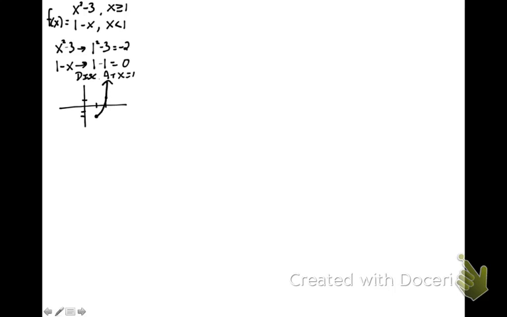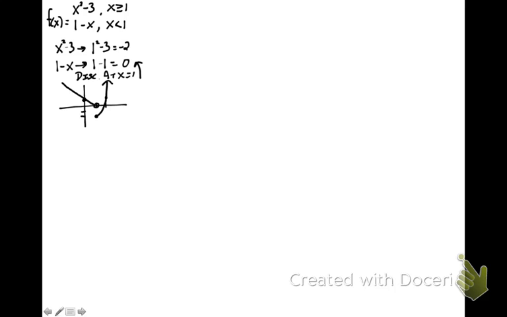And before 1, we'll be using 1 minus x, and 1 minus x is a linear equation that has a y-intercept of 1 and the slope of negative 1. So the graph looks something like this. So we can see graphically it's discontinuous, and algebraically we showed why it must be discontinuous.